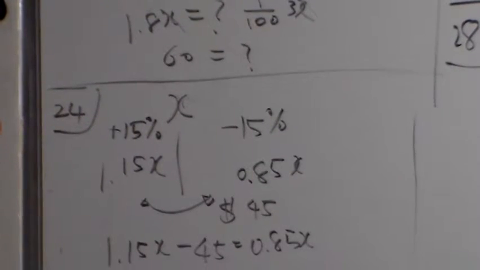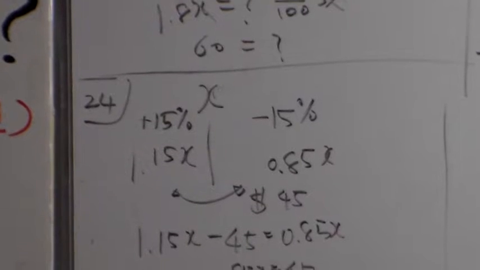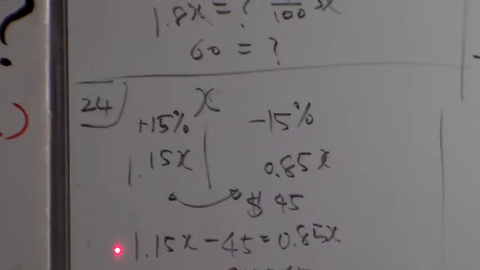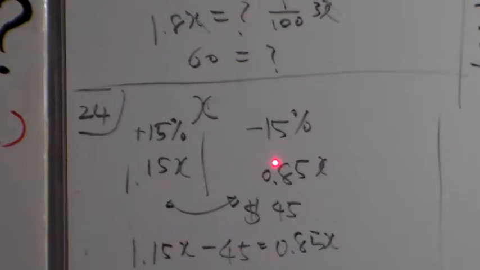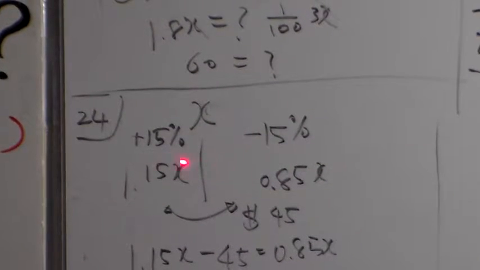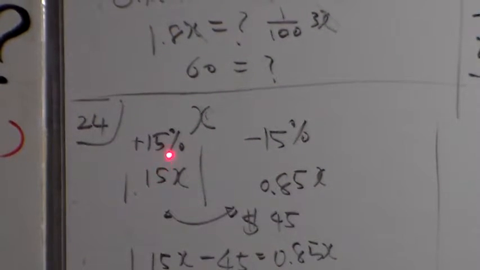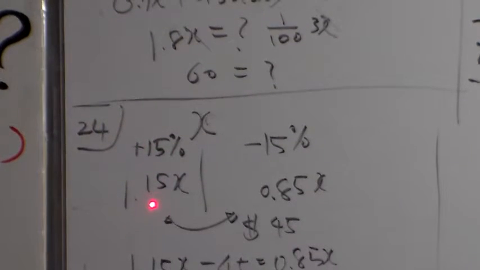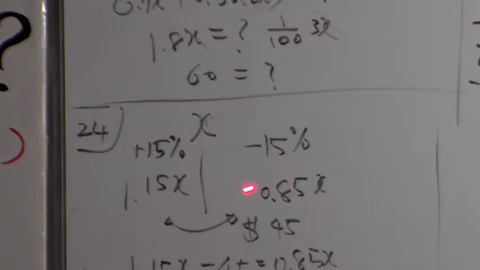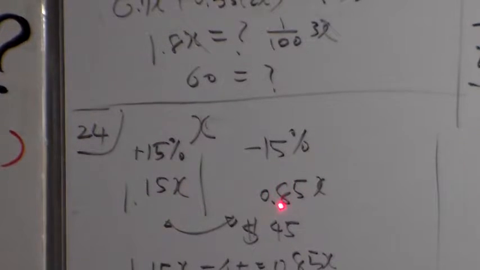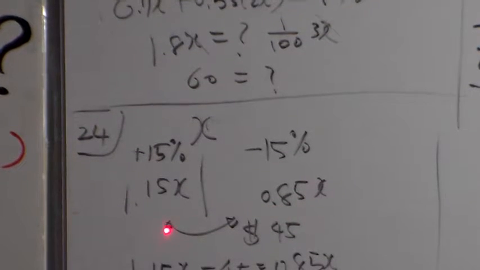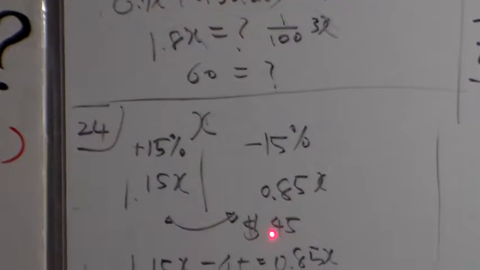The sales clerk made a mistake. It was supposed to be 15% off, but by mistake he added 15% more. So this price is 1.15x, then the actual price should be 0.85 times x. They say the difference is $45.